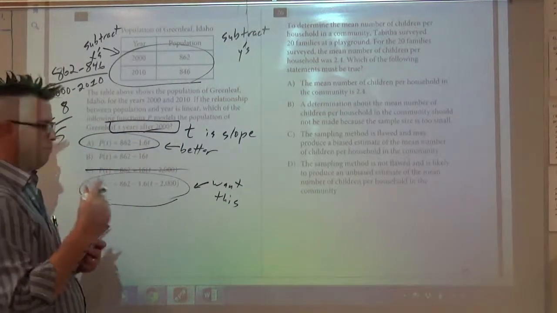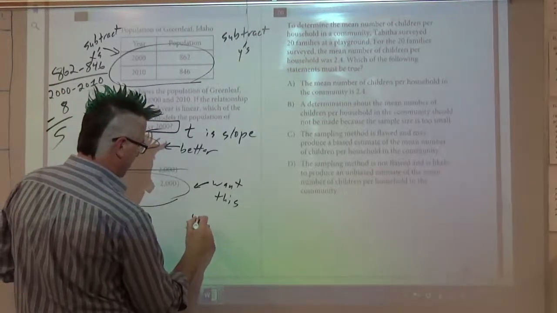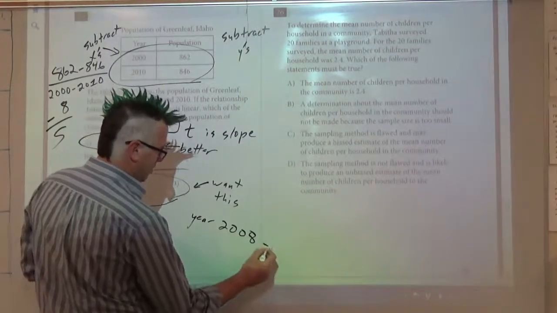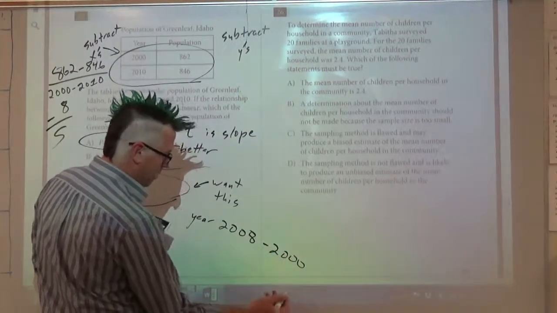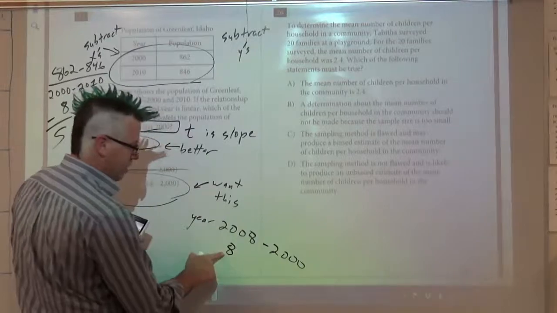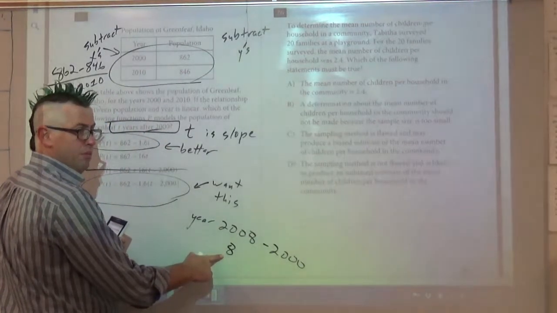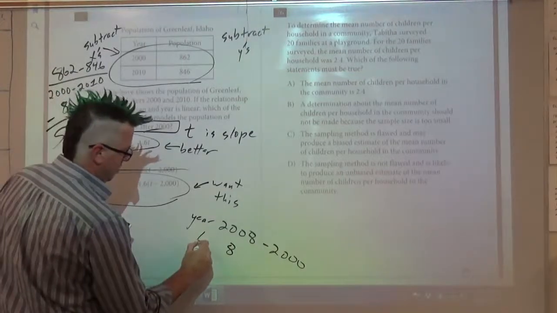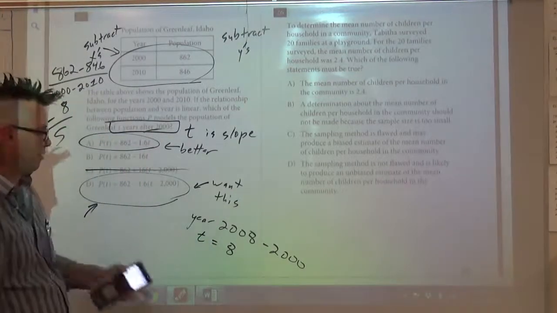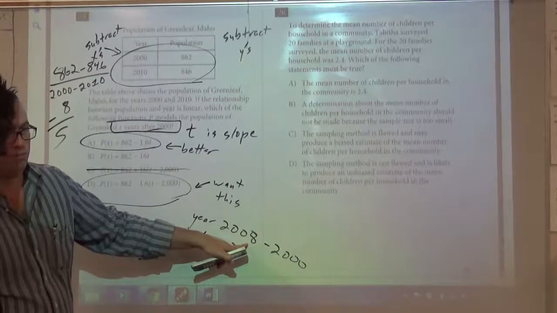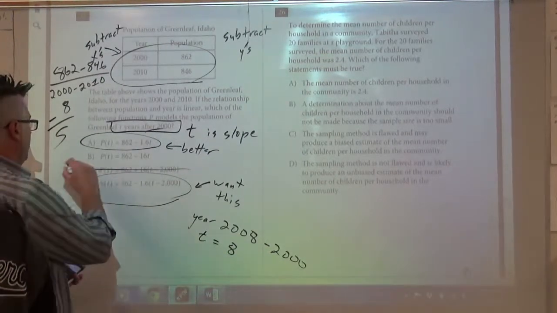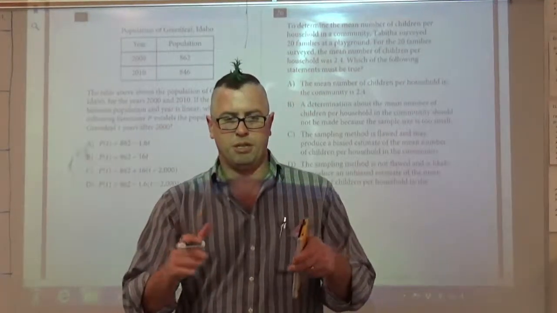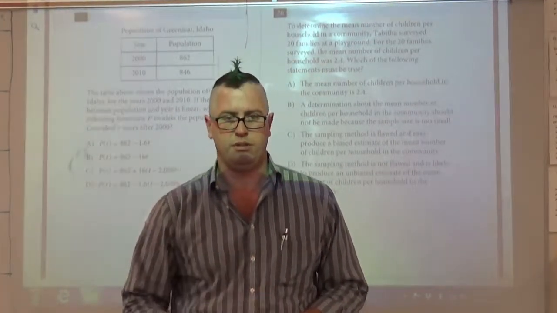Now, if it was year 2008, you subtract out the 2000, because 8 years went by, right? But T is already years after 2000, so T should just look like 8 instead of looking like 2008. So A is the right one. All right, we'll pick it up next time on the next video.